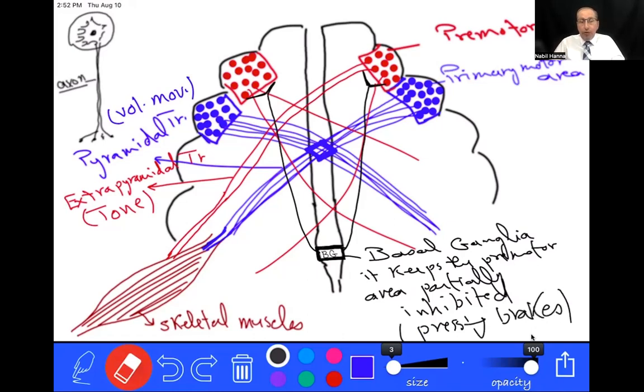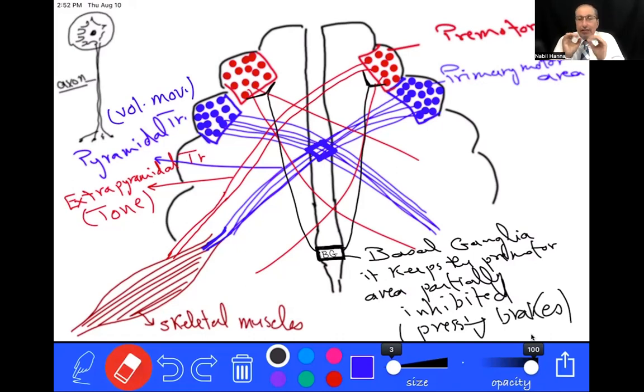Otherwise, if the premotor area is allowed to work at full power, the tone in your muscles will increase significantly and you're going to be very rigid. When you are not moving, you are sitting like a statue. You have very high tone, very high rigidity in your muscles. Not only this, but you will start doing involuntary movements anywhere, in your facial muscles, with your fingers.